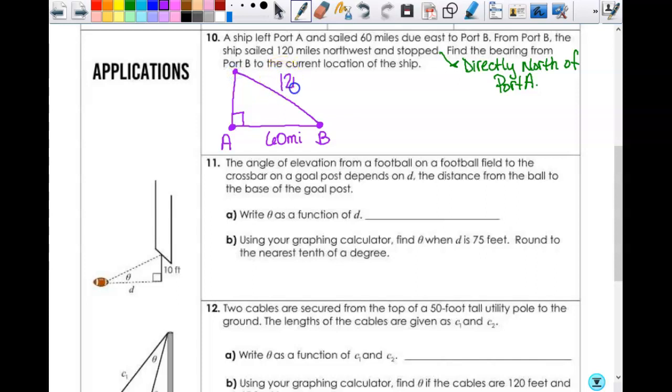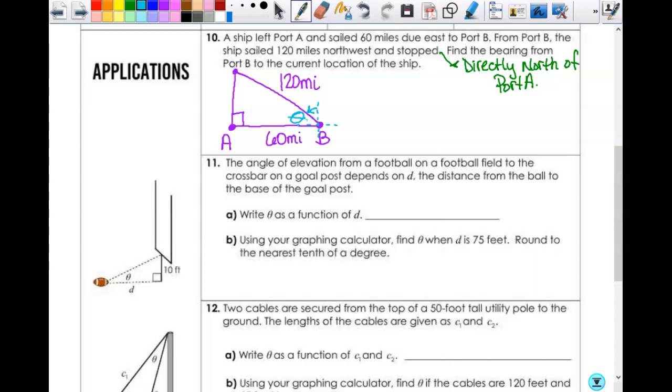This is 120 miles. Then it says, find the bearing from port B to the current location of the ship. So the bearing that I'm looking for is this right here, okay? Which I can't directly find, but I can find this angle, and then I'd be fine, right?